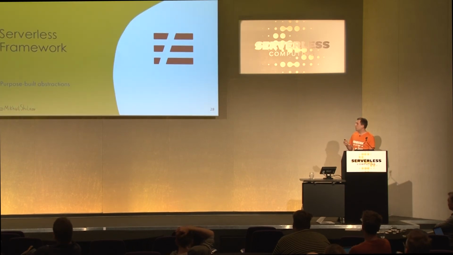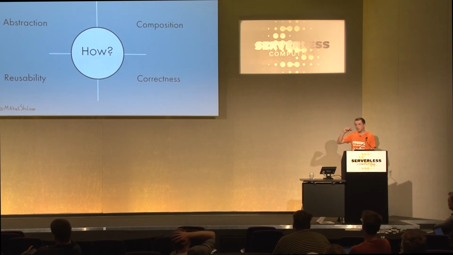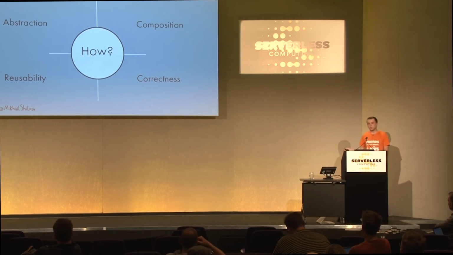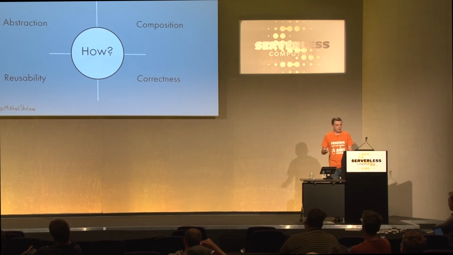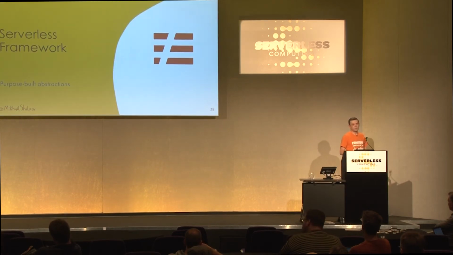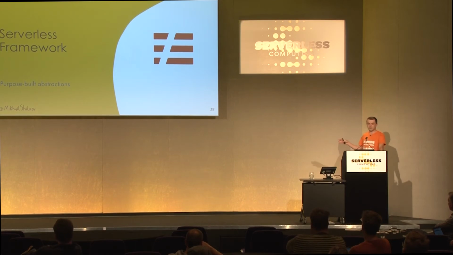There are two approaches here to this problem. Basically, you can use specialized tools for this, which already provide you these abstractions, or the tool can enable you to write those abstractions on your own. Serverless Framework is one example of a domain-specific tool. It focuses on serverless applications, right?